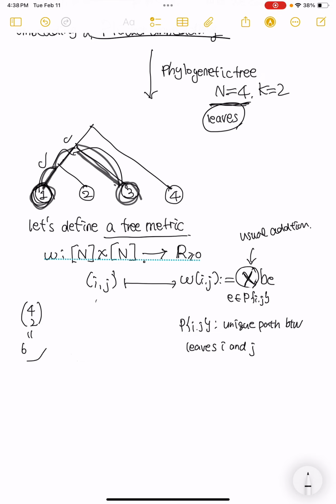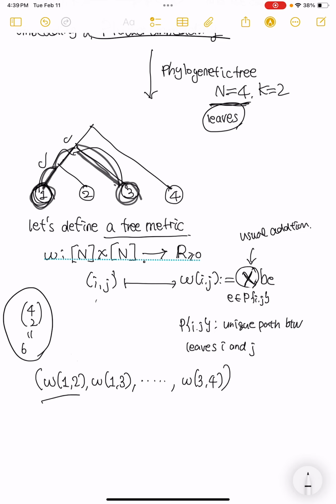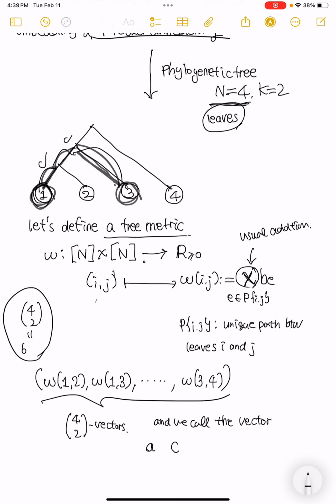Then, as you see, we can consider 6 coordinates: 1 2, 1 3, up to 3 4, as a vector, and we call the vector a cophenetic vector.